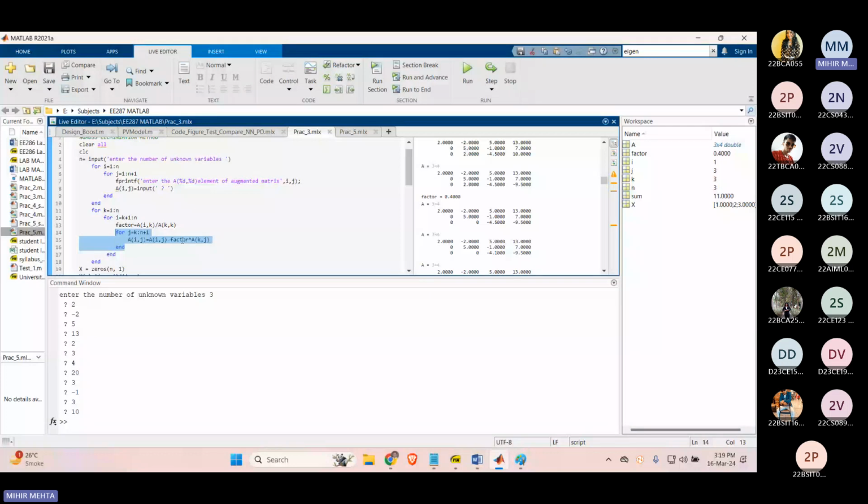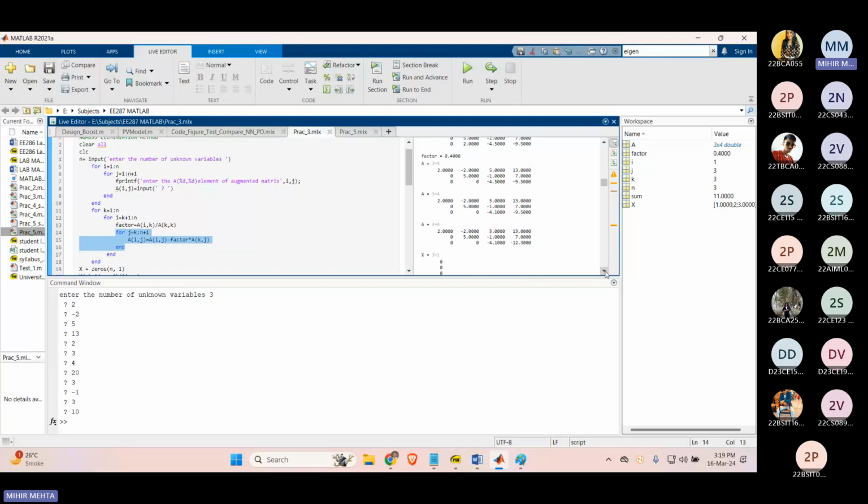So again the factor is a(3,1) divided by a(1,1). So again that gives me 0.4, and that is how you further do this. So finally what you get is this particular thing. This is the matrix that you get after substitution of all these things.